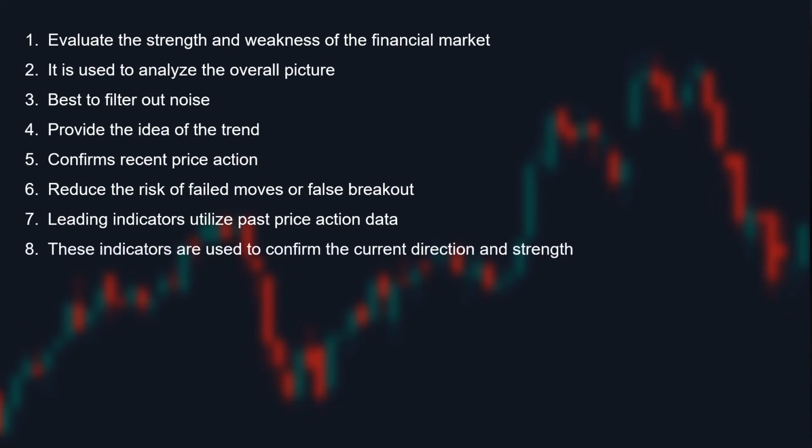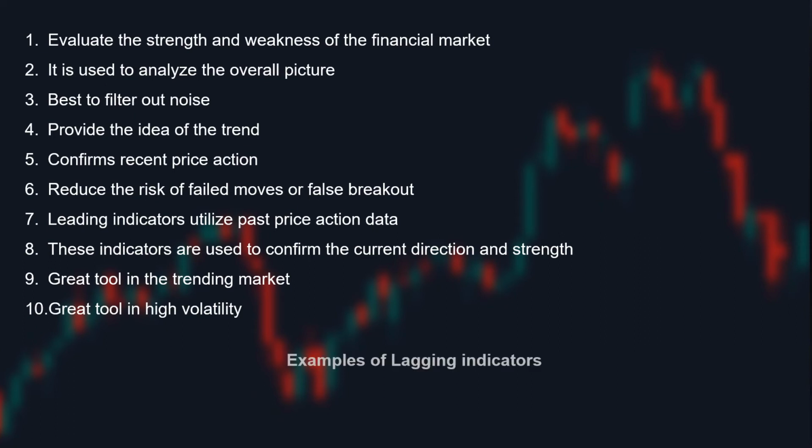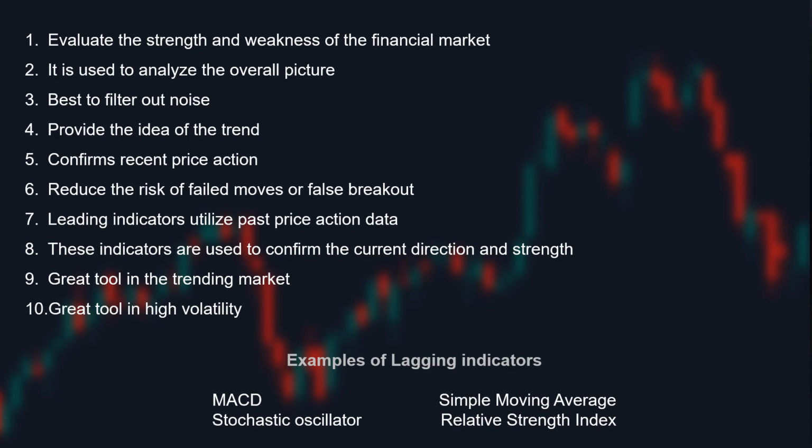These indicators are used to confirm the current direction and strength. Great tool in the trending market. Great tool in high volatility. Examples of lagging indicators: MACD, simple moving average, stochastic oscillator, relative strength index.